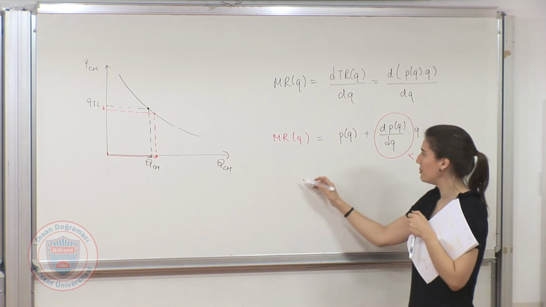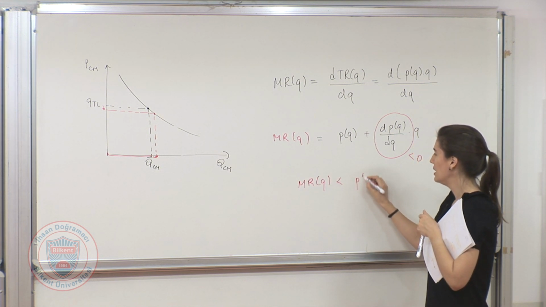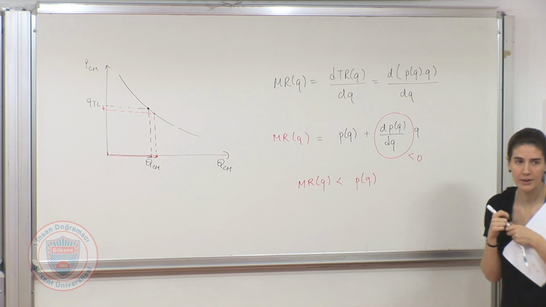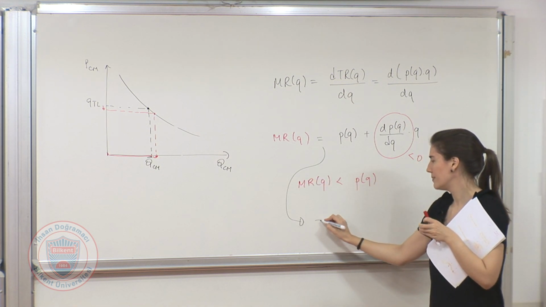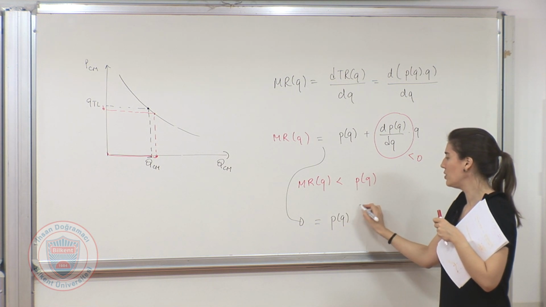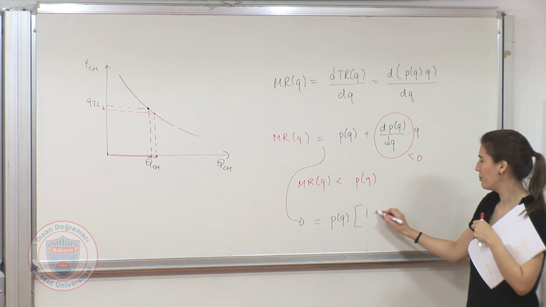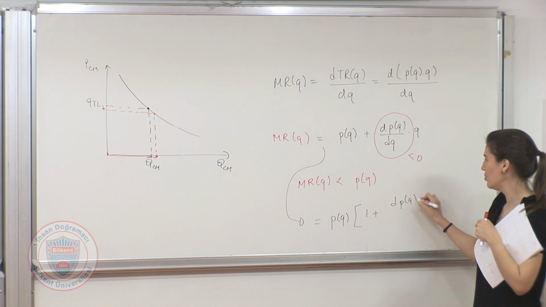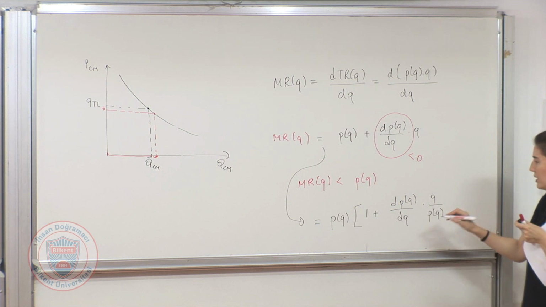So from here you can immediately say marginal revenue is always less than price. And also, let's take this P(Q) into parentheses. What do you have? 1 plus dP(Q)/dQ times Q divided by P(Q).